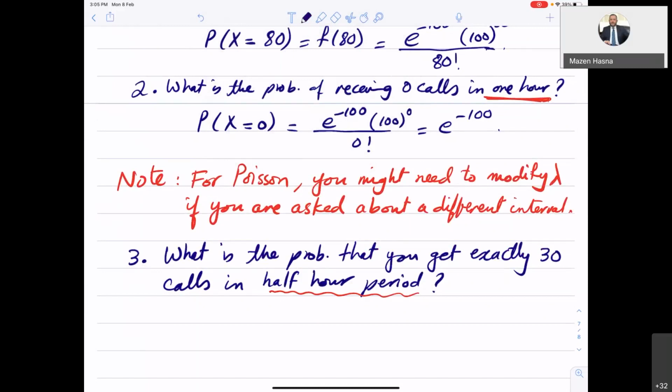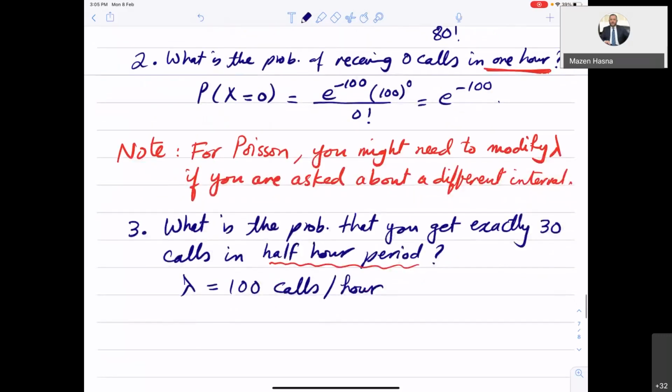We know lambda is given as 100 calls per 1 hour, which means the new lambda you should use, if I'm talking about a period of half an hour, what will be my new lambda?